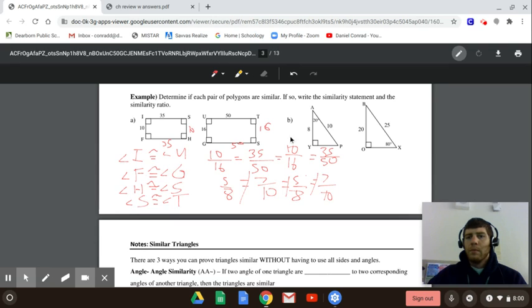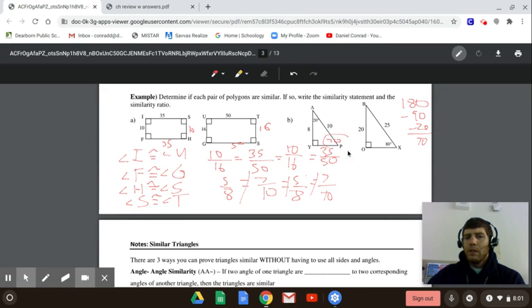And then we could try it again for the next one, but we would find that the ratios of the sides are going to be good, but if you look at the angles, they're not going to be. The three angles of a triangle add up to 180. So if we do 180 minus 90 minus 20, we're going to be left with 70.